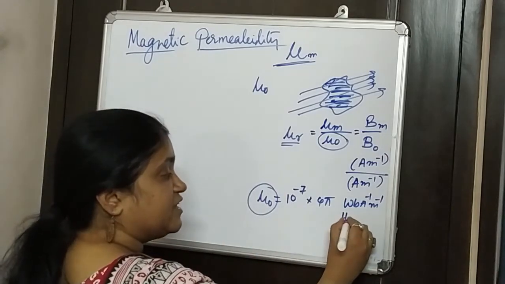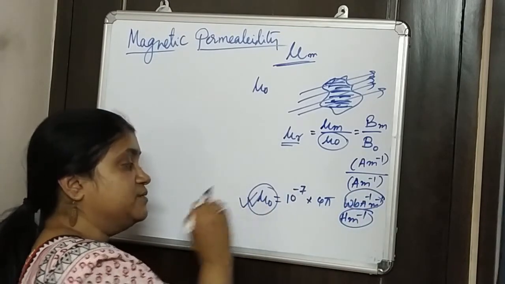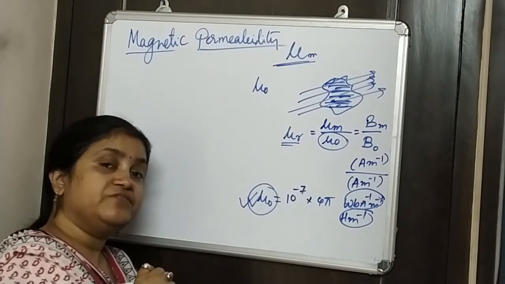This can also be written as Henry per meter. You can use any unit. This is the permeability of free space.